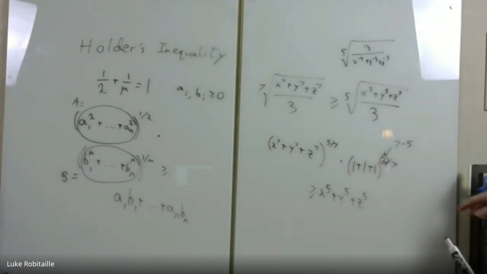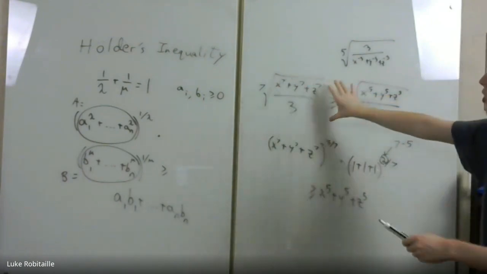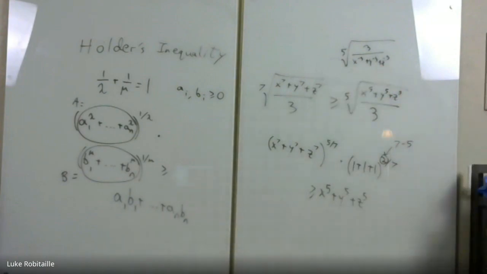So you could fill in the details, and then if you wanted a positive here versus that, the geometric mean will lie in between everything. I don't want to cover all the cases.